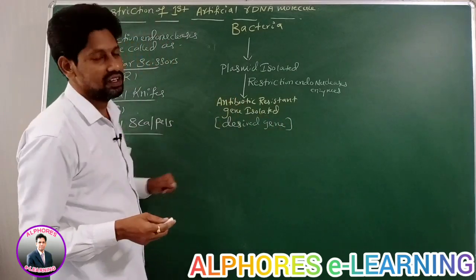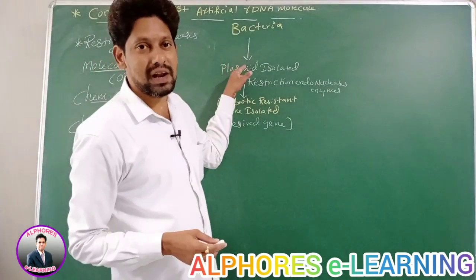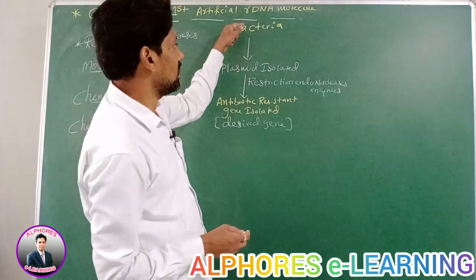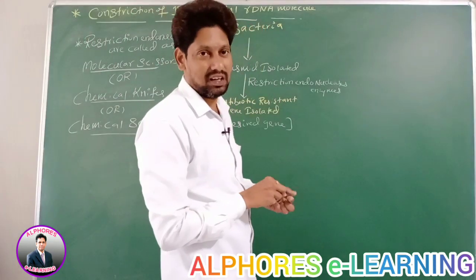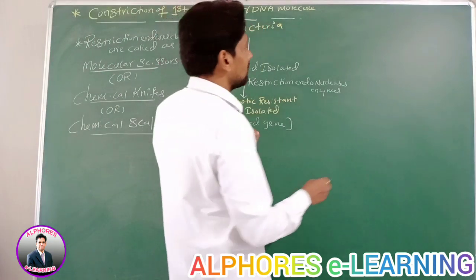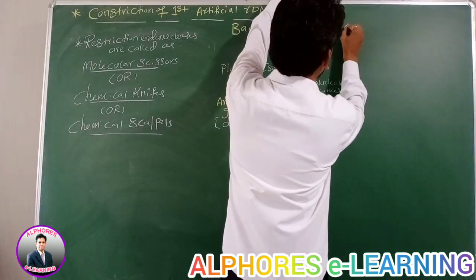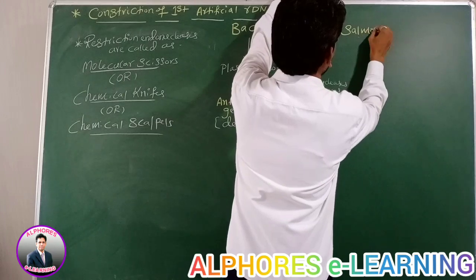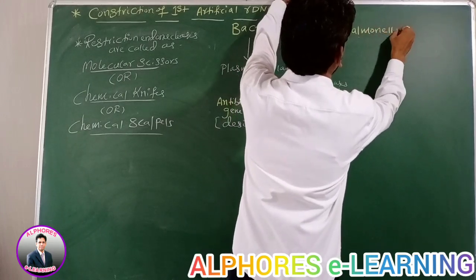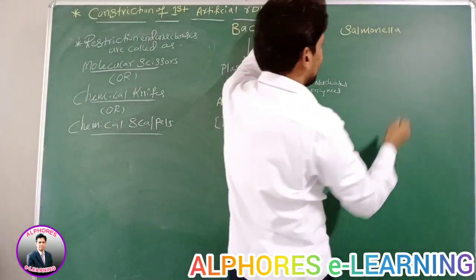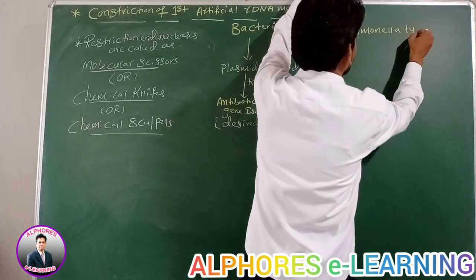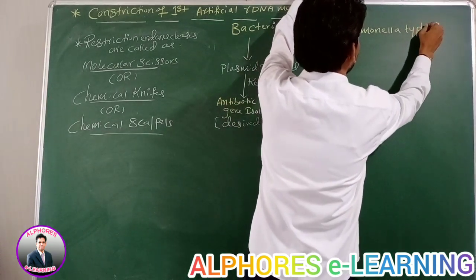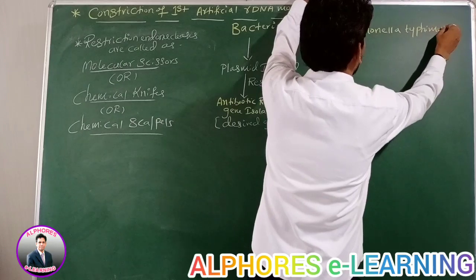Antibiotic resistant gene. From where was it isolated? From plasmid. From where was that plasmid isolated? It was isolated from a bacteria. Now what Cohen and Boyer did means, they took another bacteria by name Salmonella typhimurium.